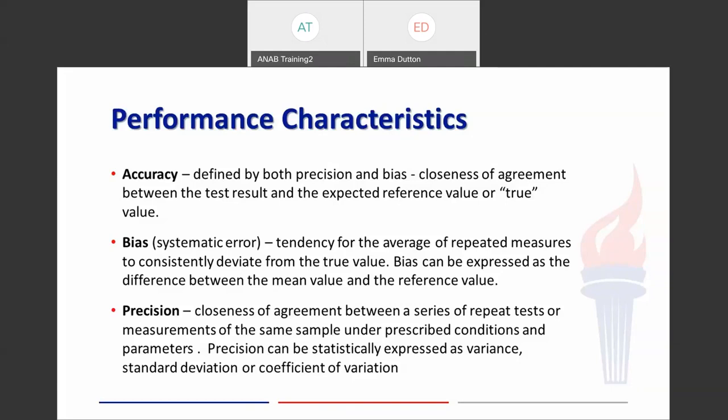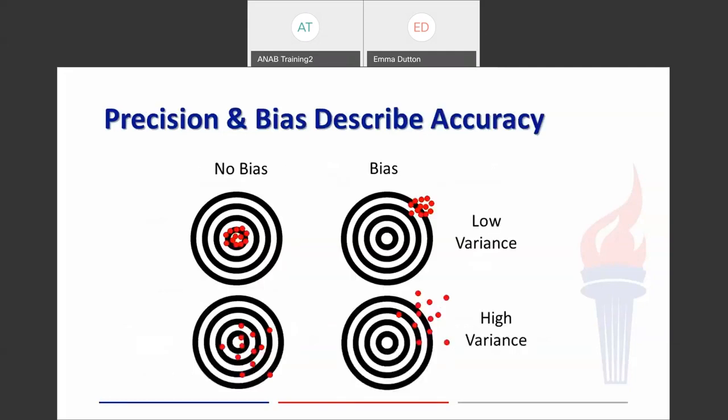Precision, on the other hand, is the closeness of agreement between a series of repeated tests or measurements of the same sample under prescribed conditions and parameters. Precision can be statistically expressed as the variance or the standard deviation or coefficient of variation. And I'm sure most of you have seen the target example of precision and bias that describes accuracy.